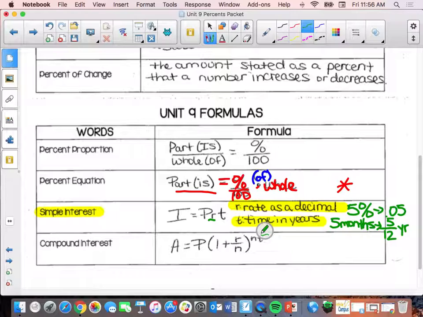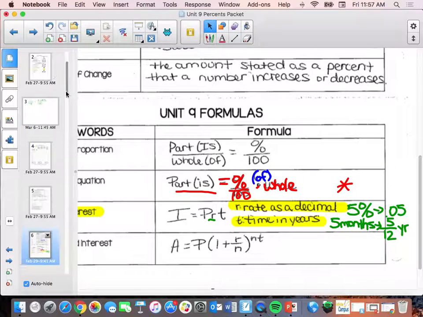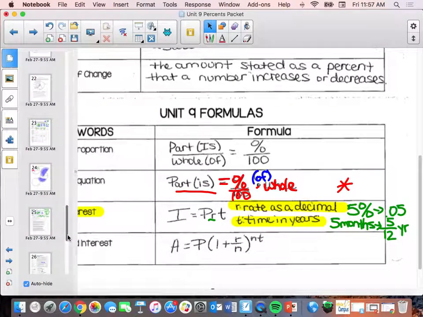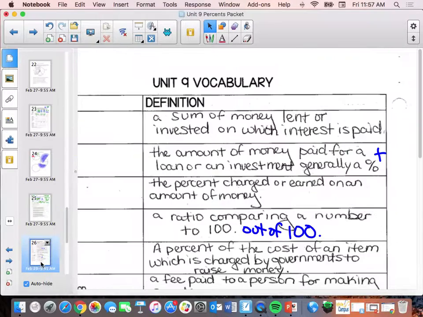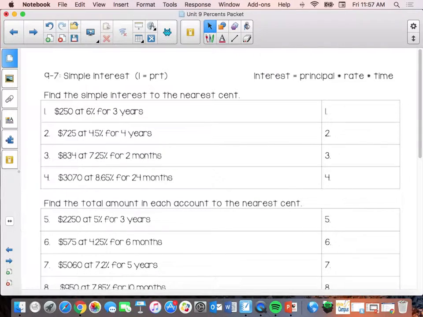And so in your formula, you would have to use 5/12. Okay, now please turn to page 23 so that we can take a look at the type of problems you'll be doing. And I'll also show you a little bit of a trick that you can use when you're calculating simple interest.